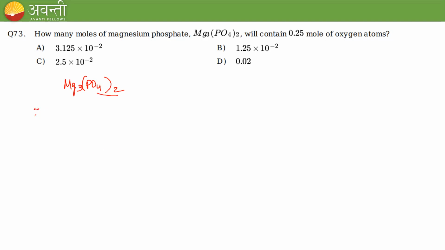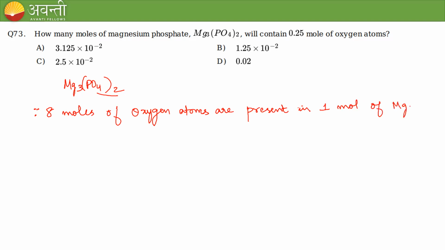So in 1 mole of this magnesium phosphate, we have 8 moles of oxygen atoms.